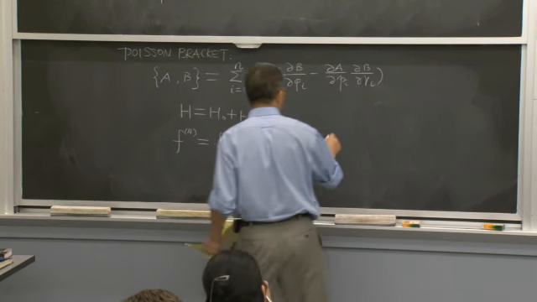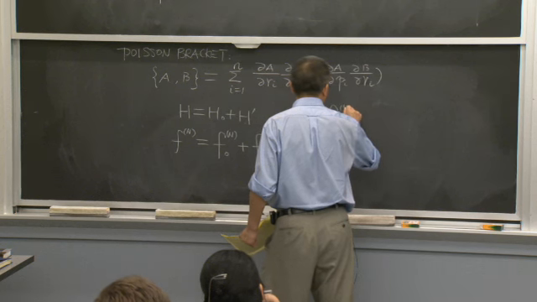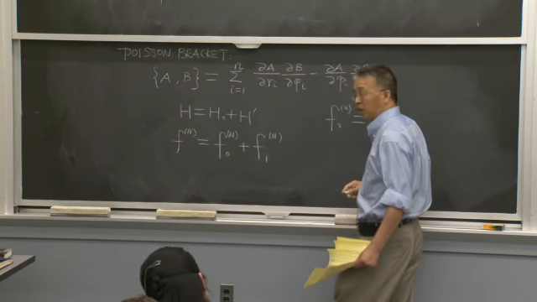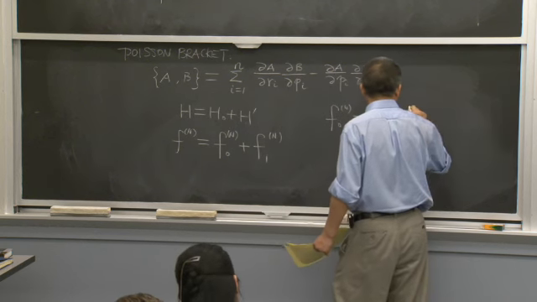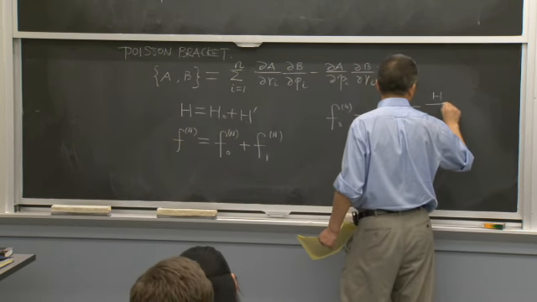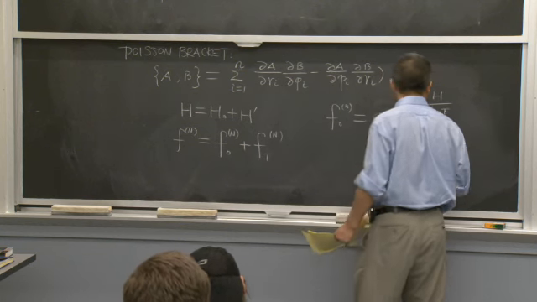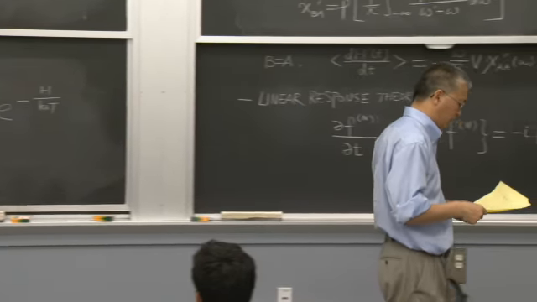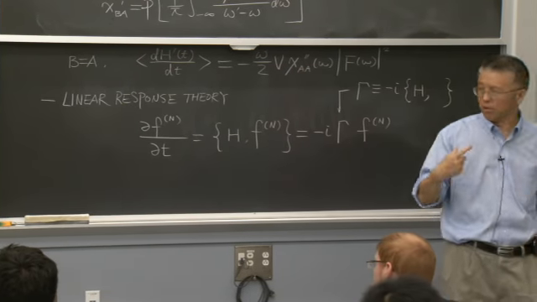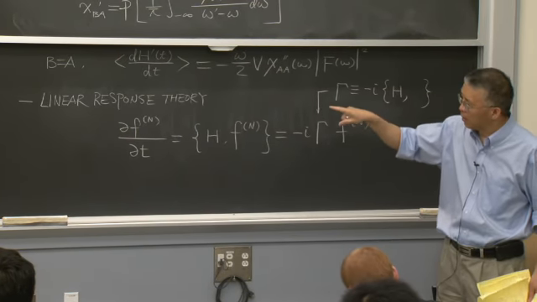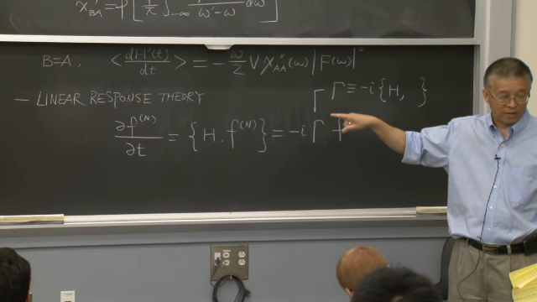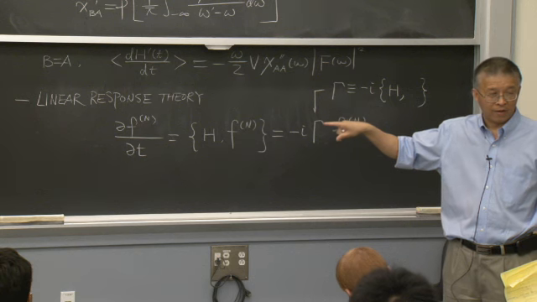And F0n is related to, because it's at equilibrium, you can write it as e to the minus H over kBT. That's a Boltzmann distribution there, right? For the system, the way that I'm reading here, F0 is a canonical distribution, canonical system, right?